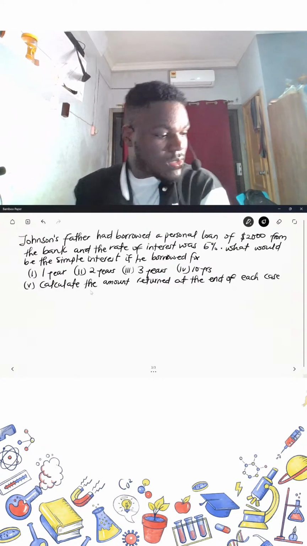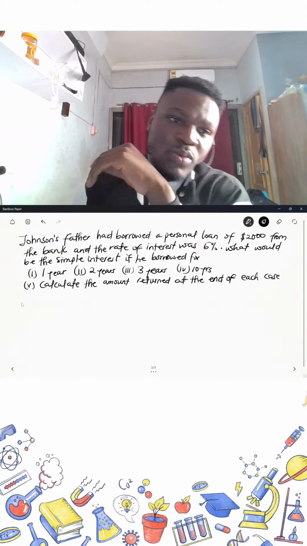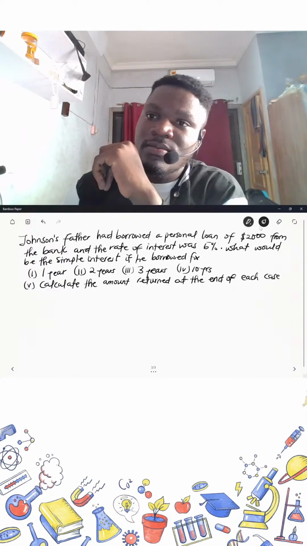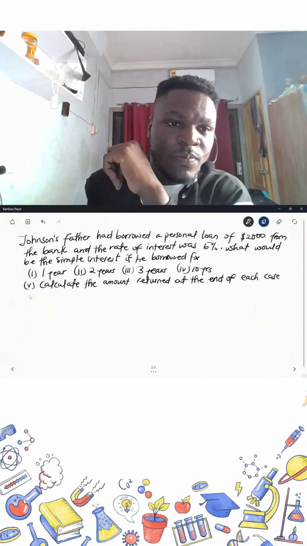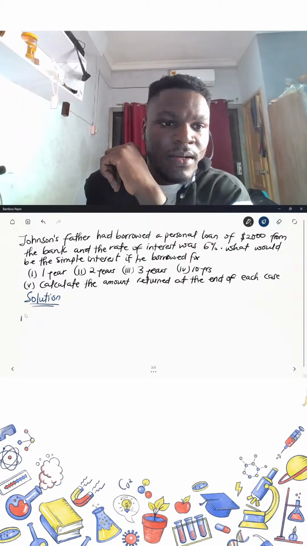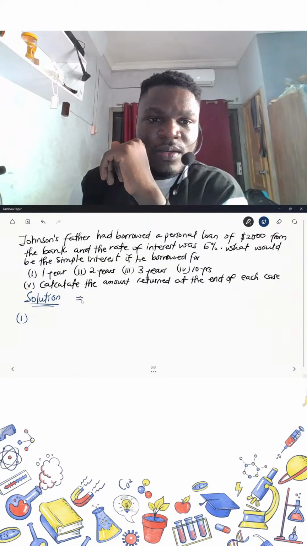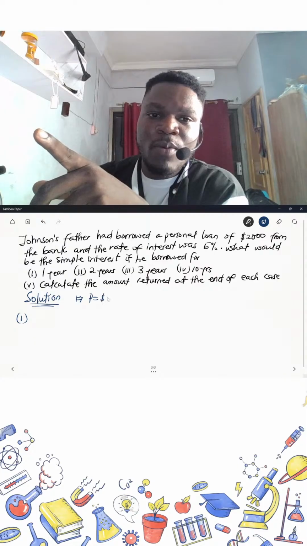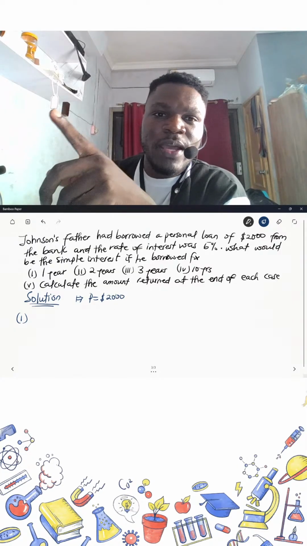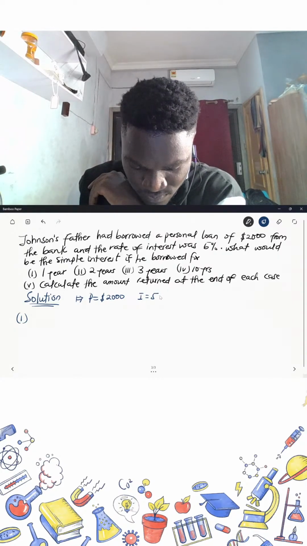Right, so let's look at the solution to this problem. This problem is one of the easiest problems, so I'm going to proceed and write the solution. Johnson's father borrowed, so the principal, the amount that he borrowed, was $2,000 from the bank, and the interest rate was 5%.